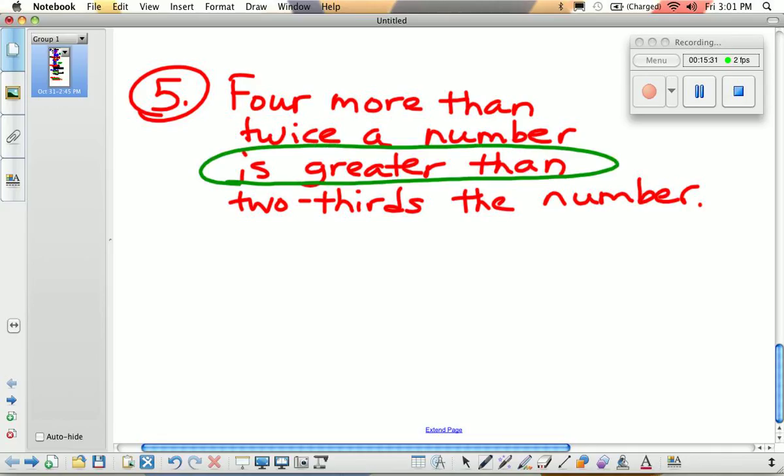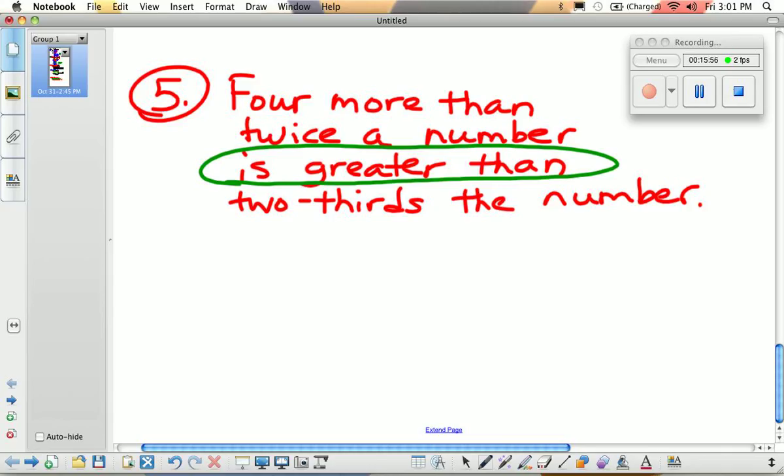What does the more than do? Tells us we need to add. Now, if it would have said 4 is more than 3, wouldn't we use the inequality symbol then? So when the word is included, that's when we know it's the inequality symbol.